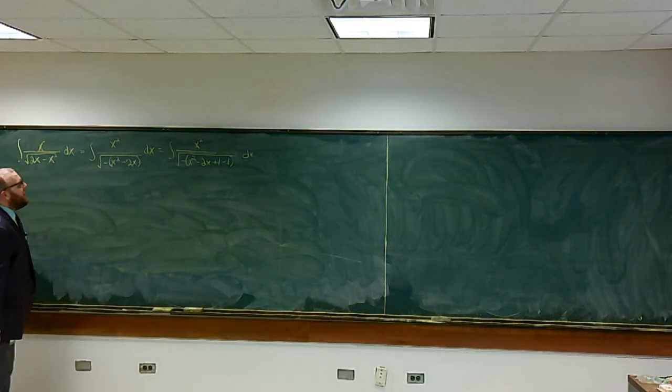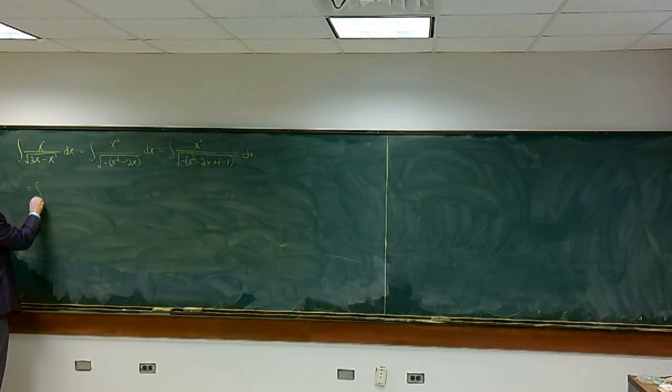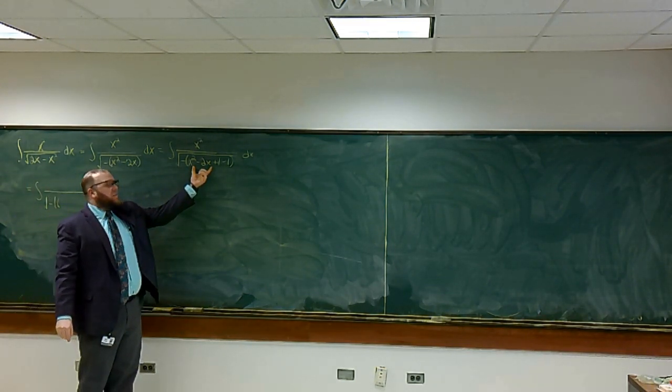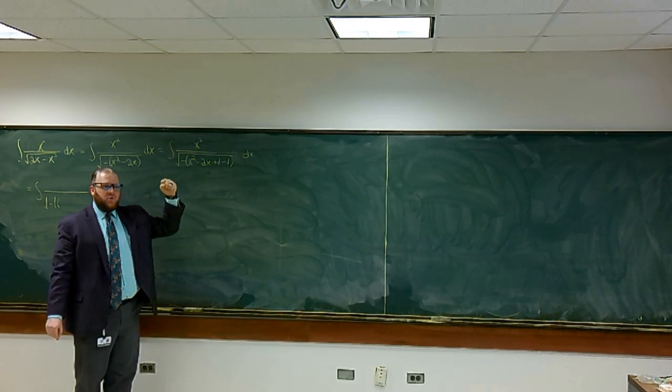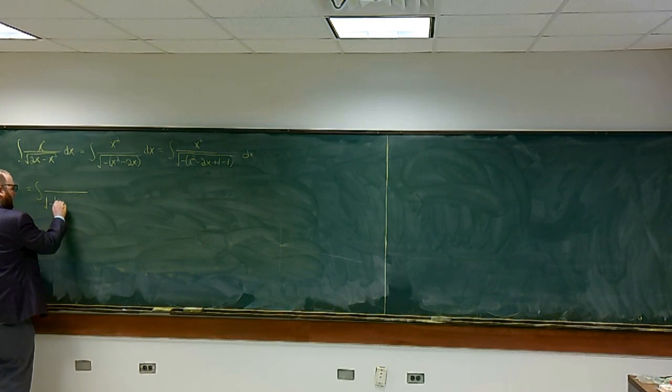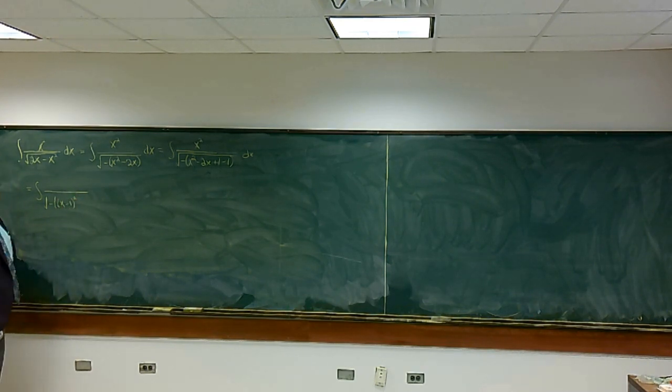The whole point of doing that is that those first three terms form a perfect square binomial. It's x minus 1 quantity squared.